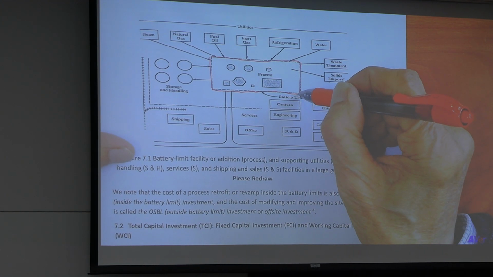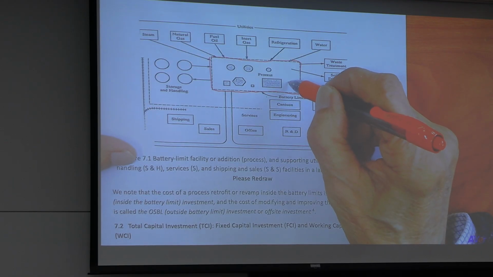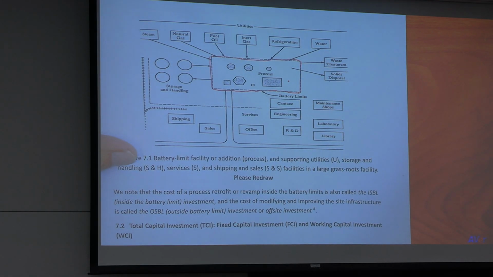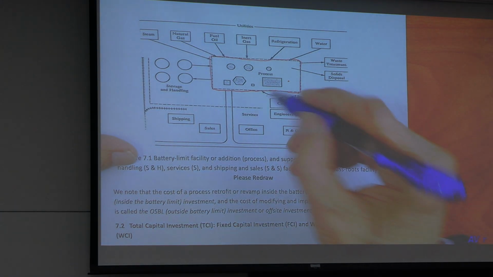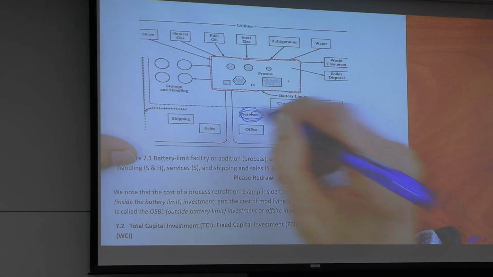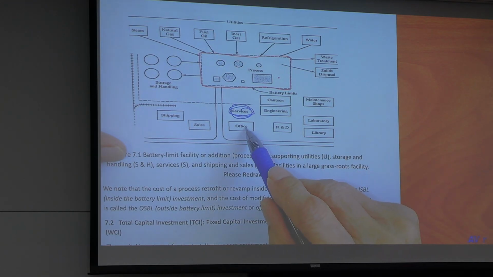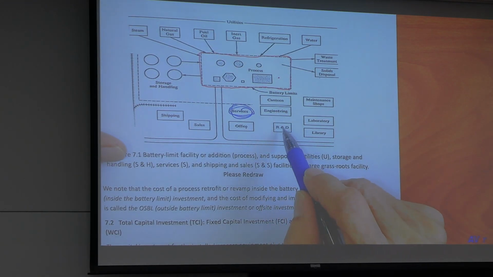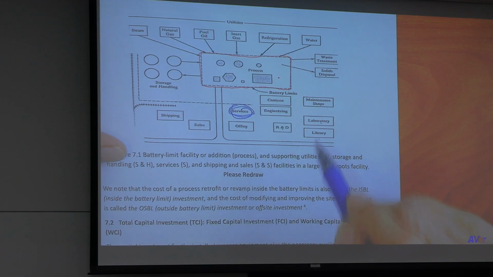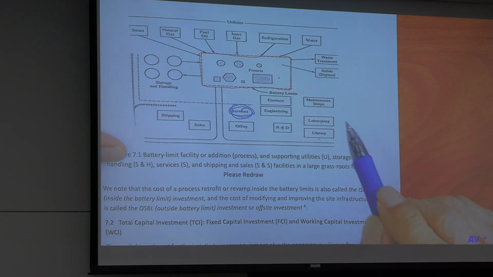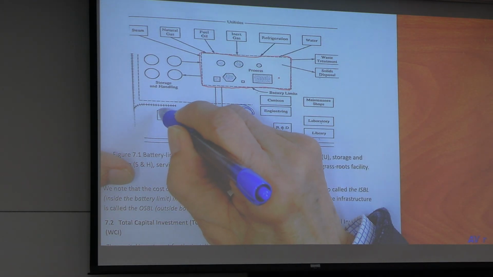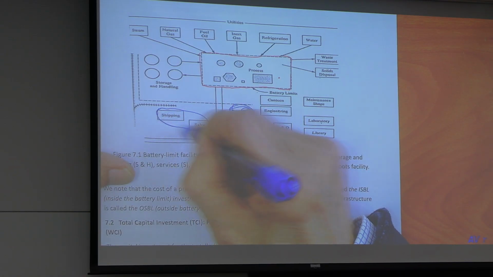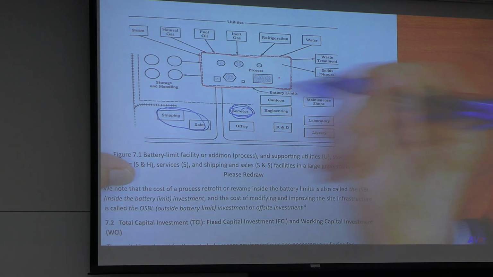So, this is part of a plant complex. Your surface facility, office, engineering, R&D, laboratory, library is there. Shipping and sale is there.